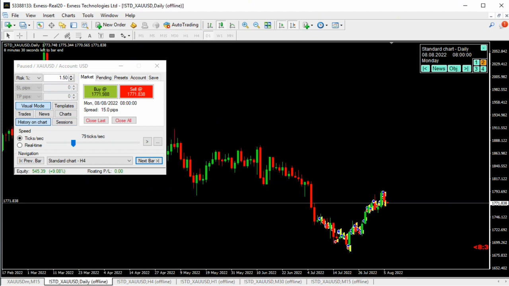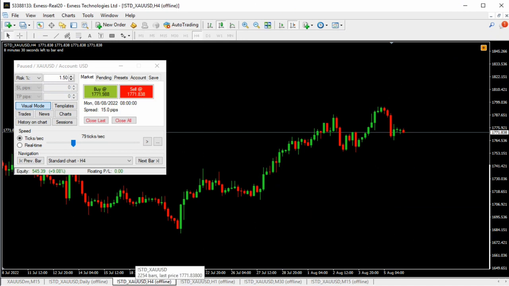Let's move on to the high time frame. We're on pre-London session right now, so price is on a bearish momentum. On the daily time frame, we go into the H4 time frame, the 4-hour chart. We can see price did make support right there. It's a beautiful support.